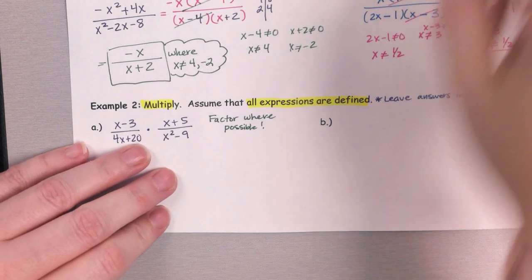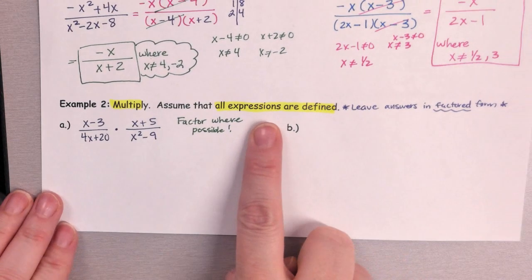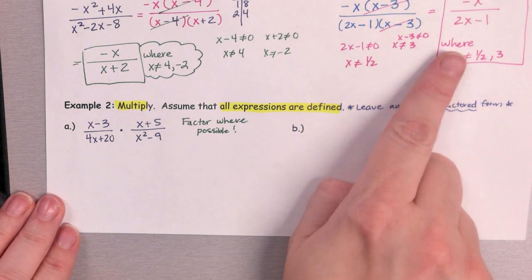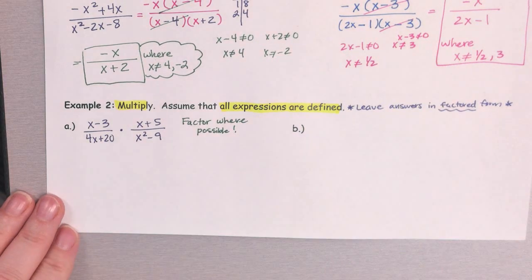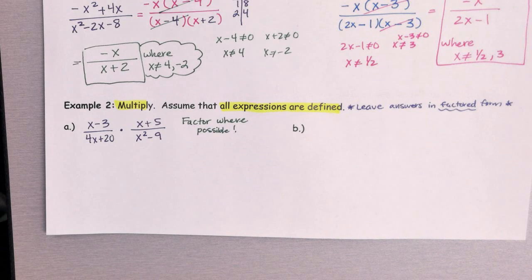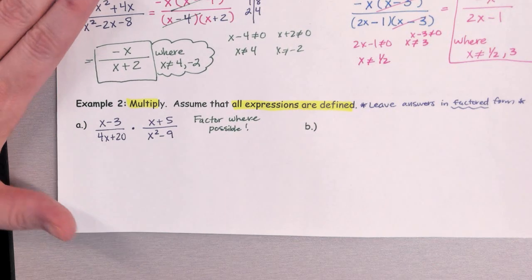Because that's already included now. So if all expressions are defined, you don't have to say what x can't be here, okay? All right, so you are going to leave your answers in factored form, which is a good thing. It'll be less work.